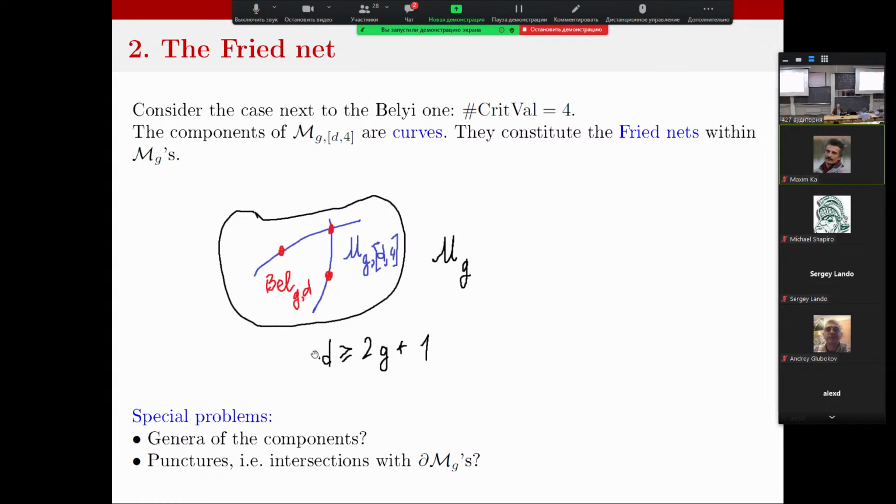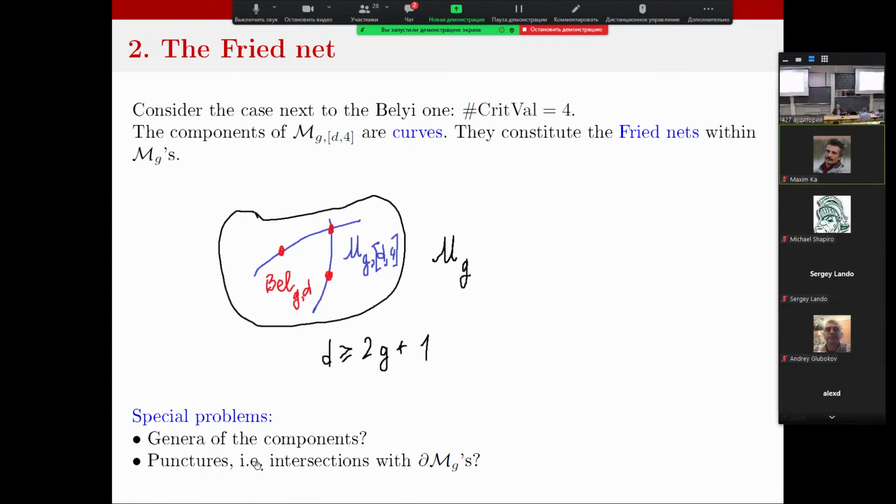First of all, the components have their genus, and the birational classes of curves, the discrete invariants, are totally defined by their genera.